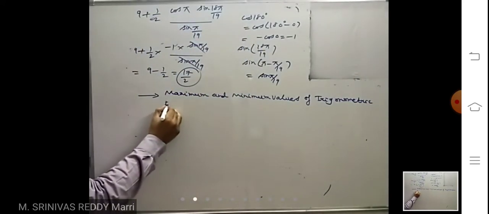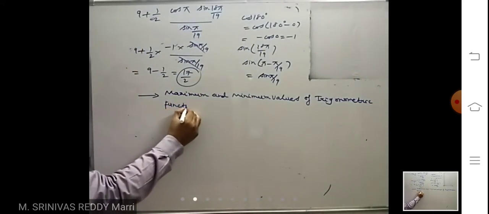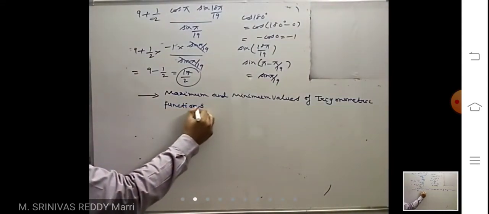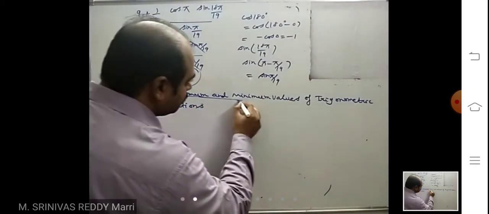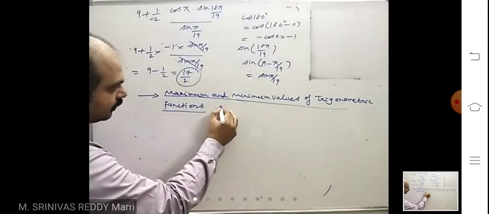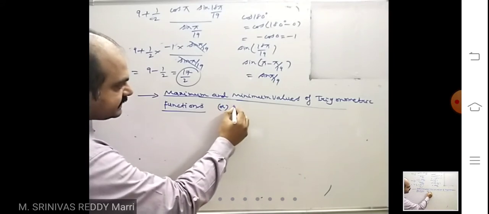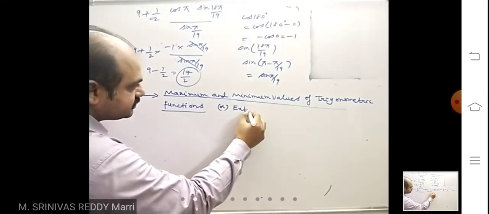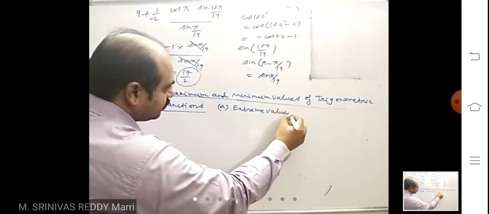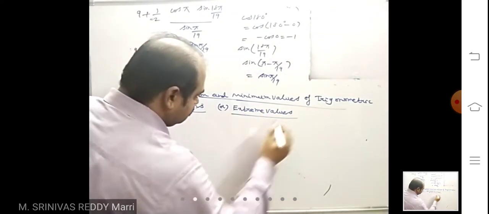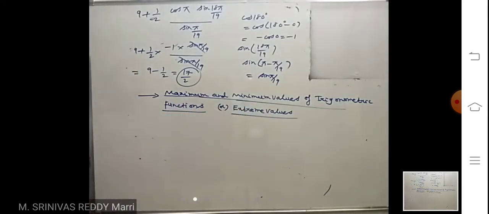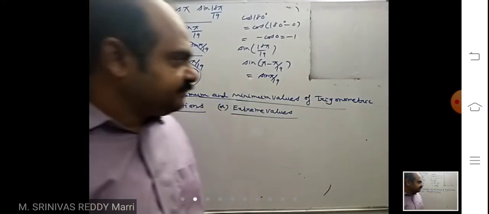Maximum and minimum values are also called extreme values.